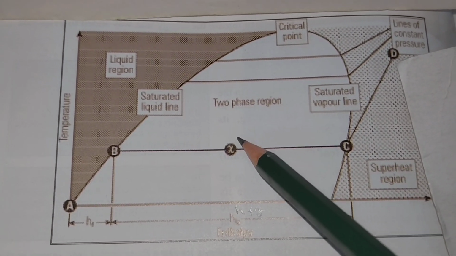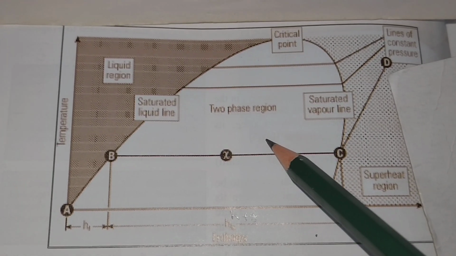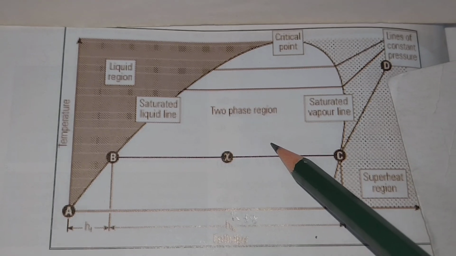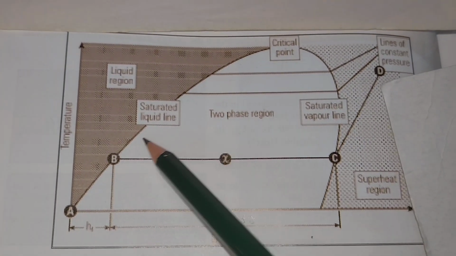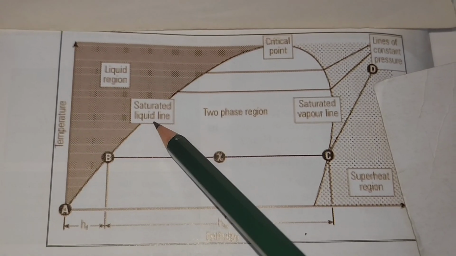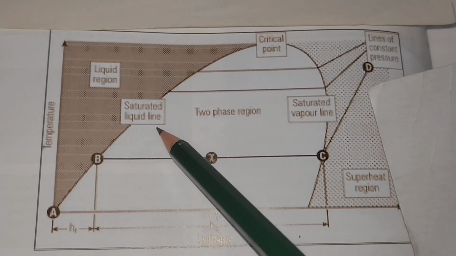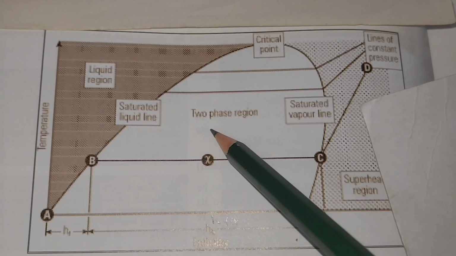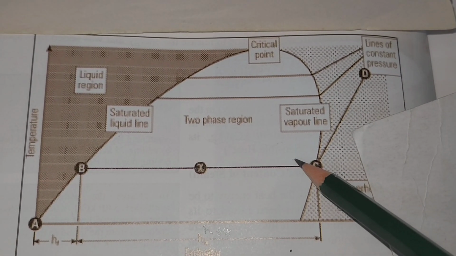As the steam-water mixture increases in dryness, its condition moves from the saturated liquid line to the saturated vapor line.